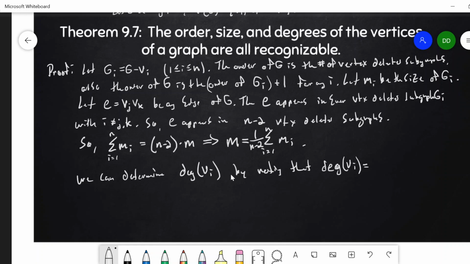If I look at G sub i, the vertex deleted subgraph where I've removed v sub i, that will have m sub i edges in it, but I know there are m edges total in the graph, so the leftover edges, the difference of m and m sub i, must be all of the edges incident with v sub i. So the degree of v sub i is m minus m sub i for each i.